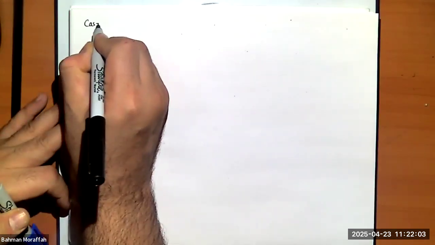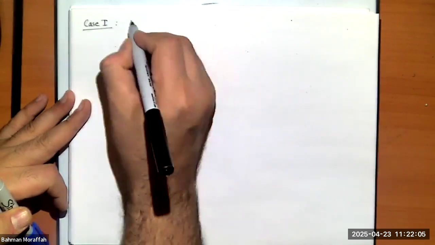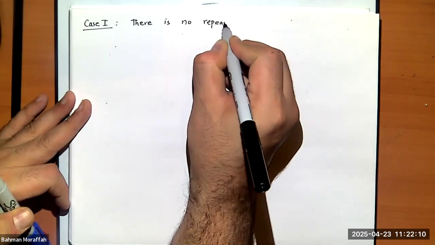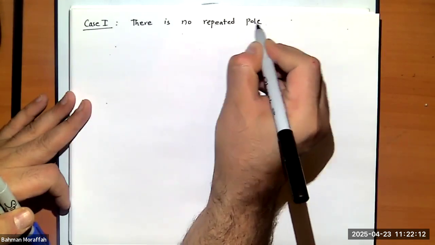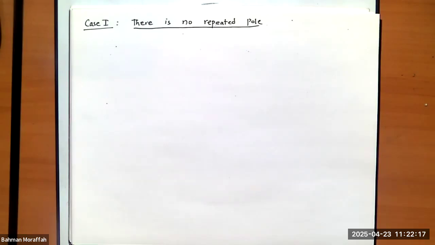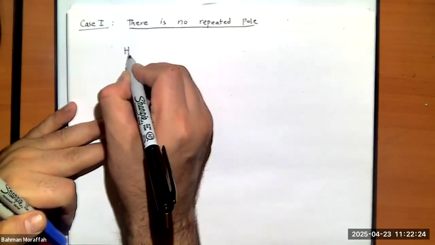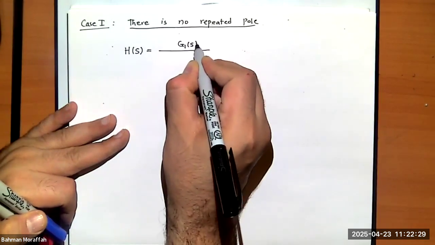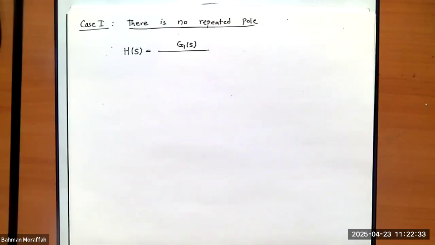So case one is where the poles are all different.